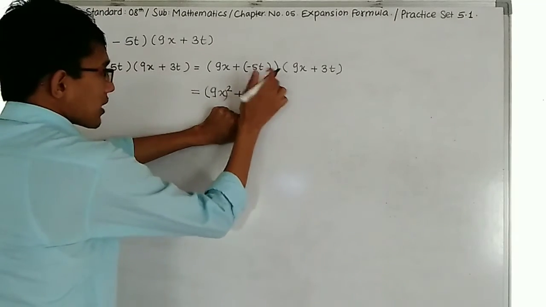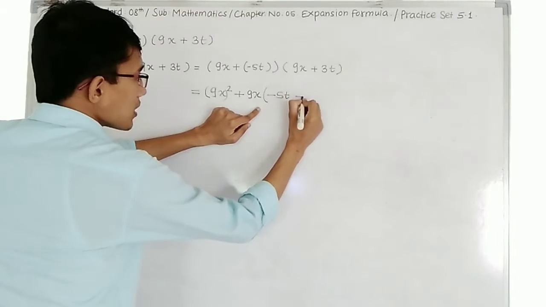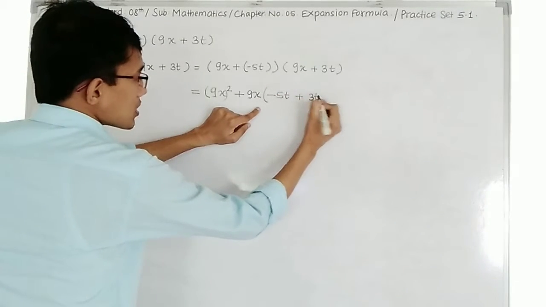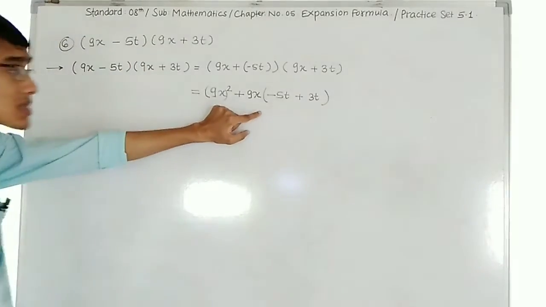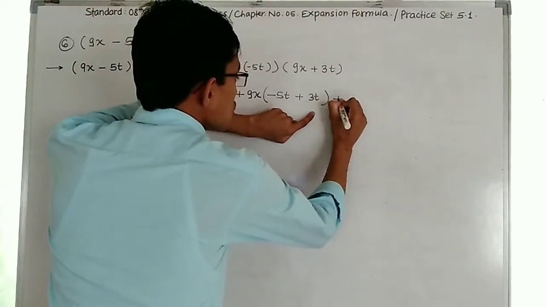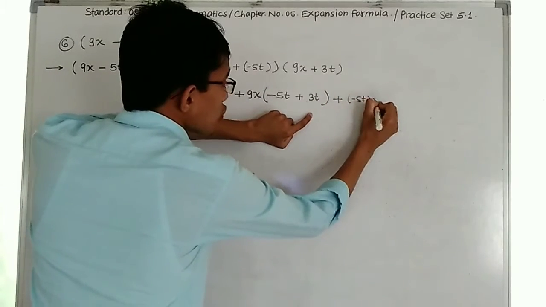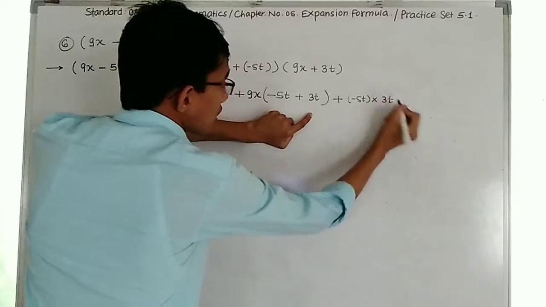A is minus 5t, okay, and b is 3t. So we have got minus 5t plus 3t, okay, plus a into b. A is minus 5t into b is 3t.